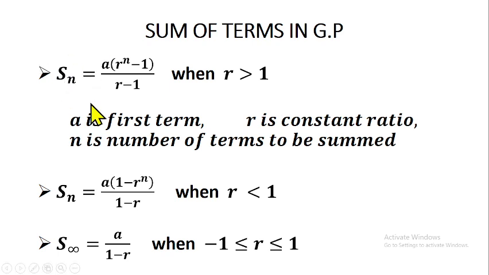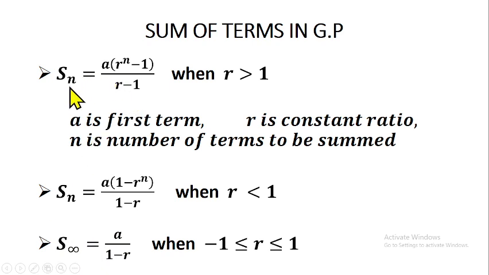When the constant ratio is less than 1, like 0.9, 0.8 or a fraction, we use another formula. And we can also sum to infinity, which means use this third formula. Do we understand that?